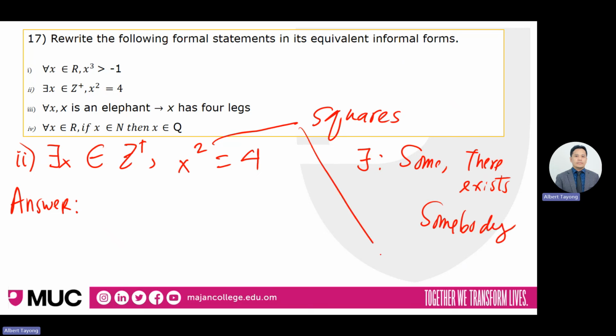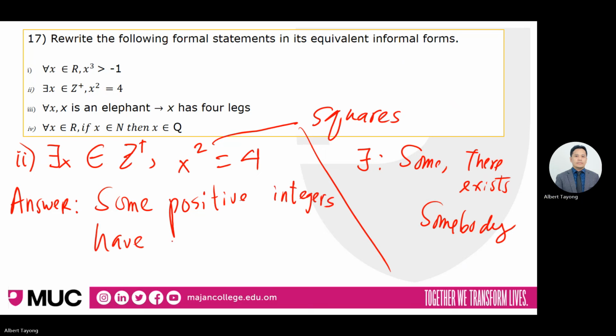These are the keywords. So some positive integers, because we have Z plus, Z means integers, have squares equal to 4. You can also say there exists a positive integer if you're going to use there exists.